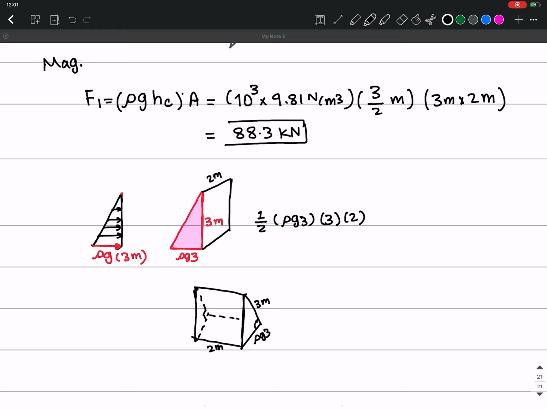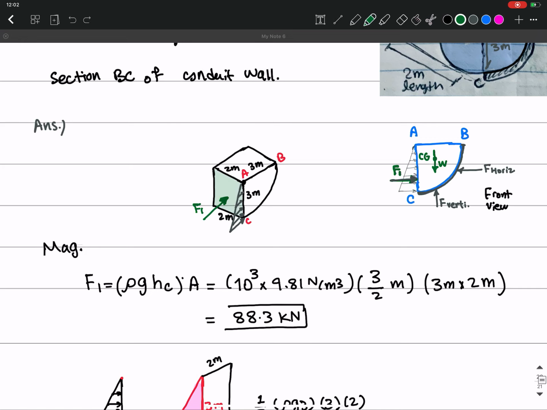So I first calculated the area of this side, and then multiplied it by 2 to get the total volume of the forces acting on this green plane that I have shown here.